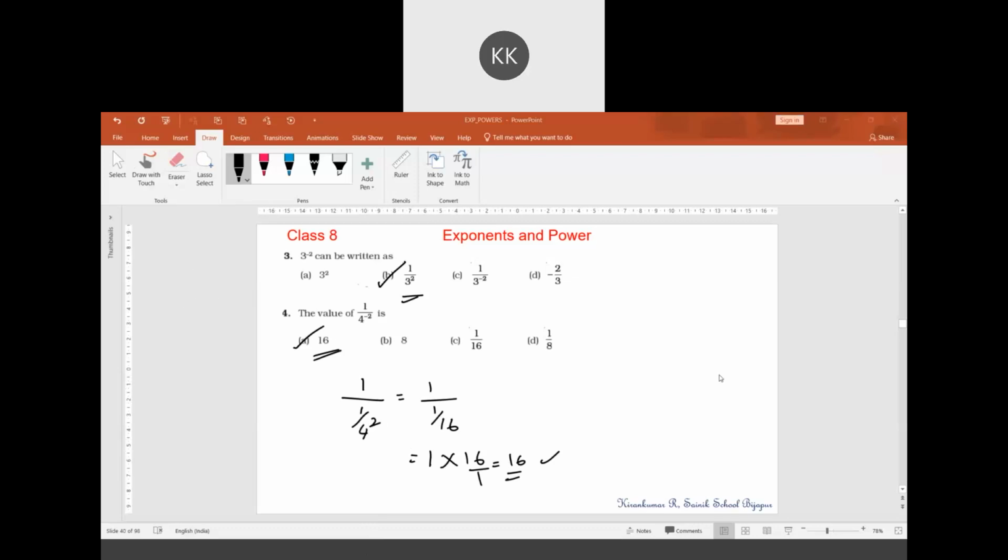Let me search for Exemplar. On this PDF file only, I'll try explaining that.